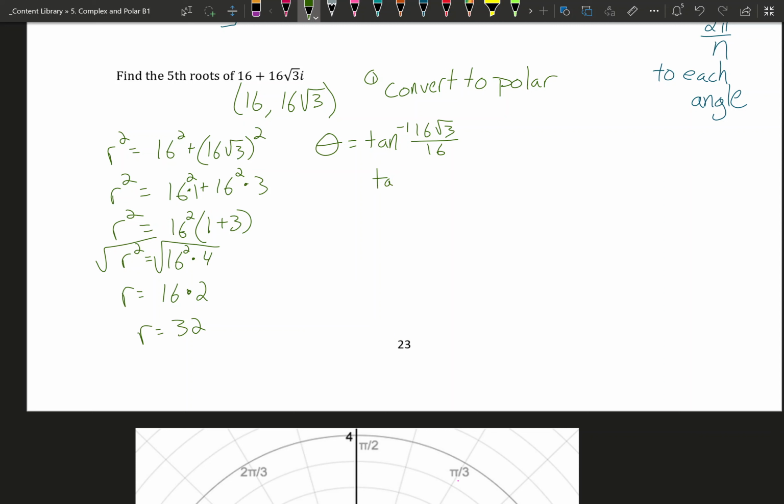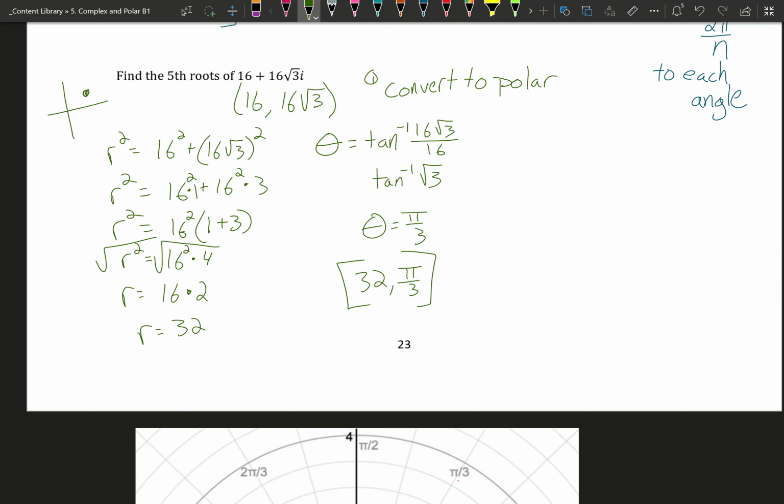This is just going to be the tangent inverse of square root of 3, which is pi over 3, but we need to look at what quadrant this binomial point is in. 16 plus 16i root 3 is in the first quadrant, so theta is just pi thirds. So this point is 32, pi thirds.